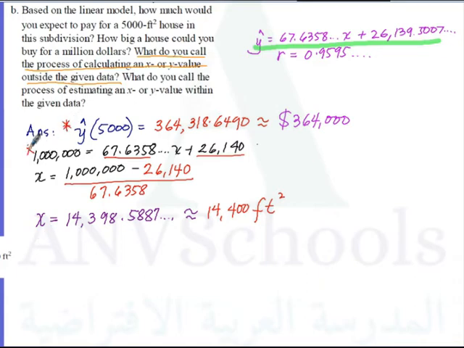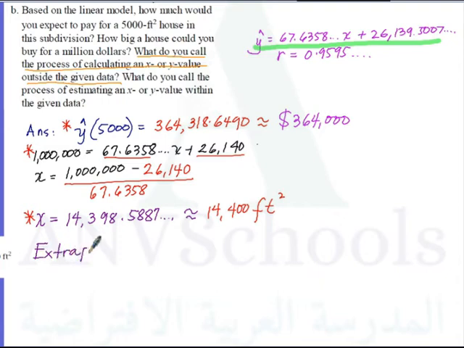So when the x value is not on the list of the given data, so it's about extrapolation when you cannot find the data on the given. So the process is called extrapolation.